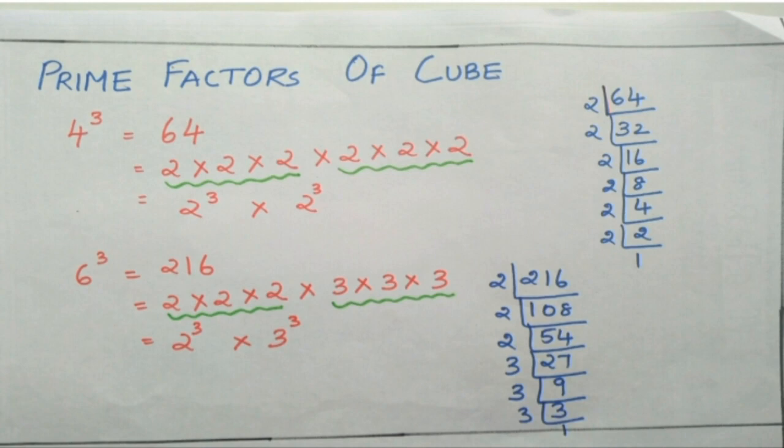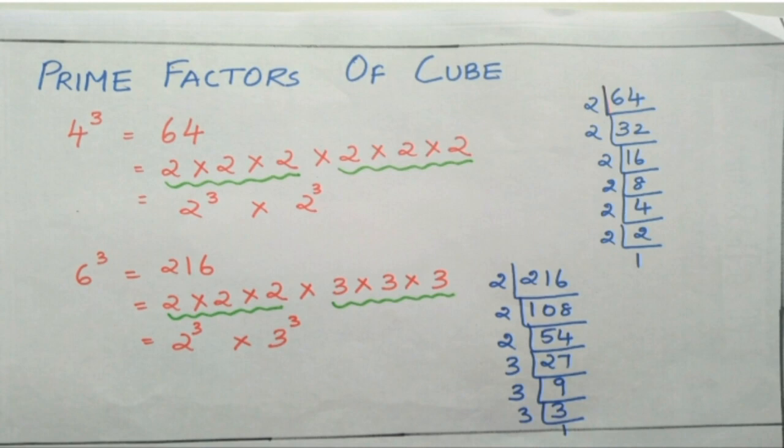See students, in a cube, if I get any number 3 times, I have to write it 1 time. See, 2 I got 3 times, so I wrote 2 power 3. Multiply, again I got 2 3 times, so I wrote 2 power 3. Let's take one more example to make it more clear. 6 cube, that is equal to 216. Now first we will find out again the prime factors. 216 is divisible by 2 how many times? 108. 108 again divisible by 2 how many times? 54 times. 54 again divisible by 2 how many times? 27 times.